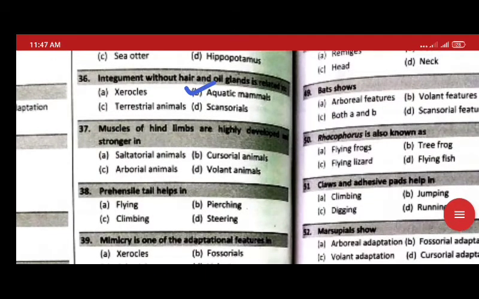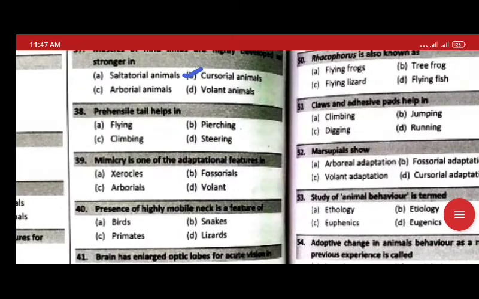Now 37. Now 37 question is for muscles of hind limbs are highly developed as stronger in... So hind limbs, forelimbs and hind limbs. So hind limbs is for running. So that is crucial. Now 38. Prehensile tail helps in... So prehensile tail helps in what? Climbing up tree and for holding.